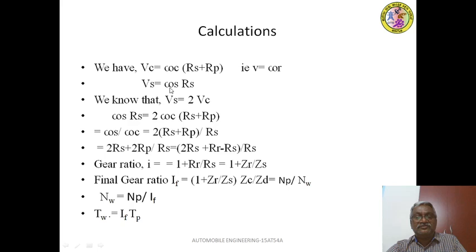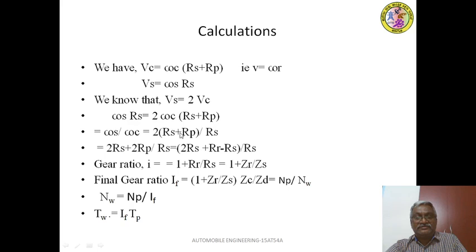Vs already we know, that is omega s into Rs, that is equal to twice omega c into Rs plus Rp. Now by taking ratio of omega s by omega c, omega s by omega c is equal to 2 into Rs plus Rp by Rs.